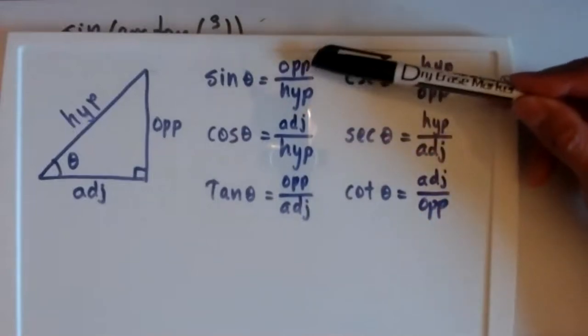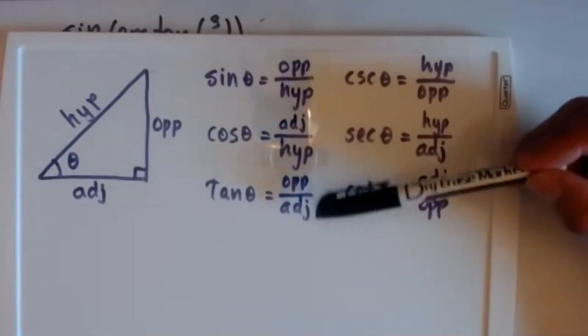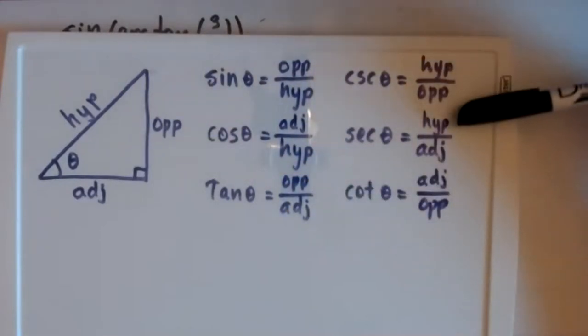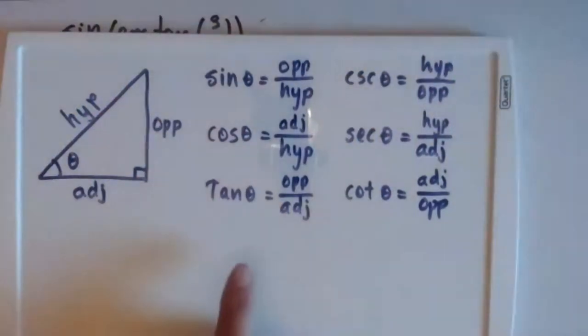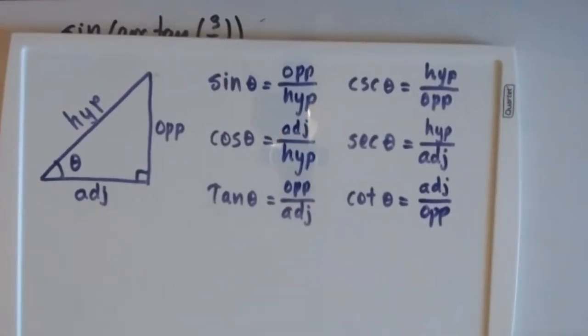So sine is opposite over hypotenuse, cosine adjacent over hypotenuse, tangent opposite over adjacent, and the cosecant, secant, and cotangent are the reciprocals. So no problem. I want you to remember this. You must memorize this one. Find a way to remember this. If the famous SOHCAHTOA works, I'm fine with that.